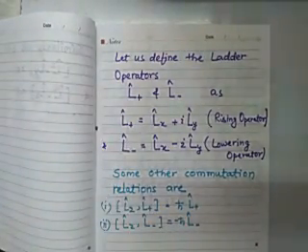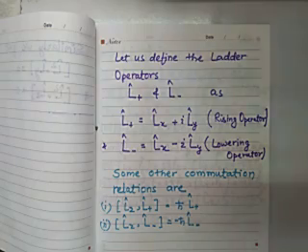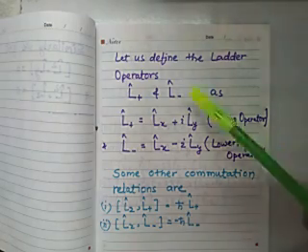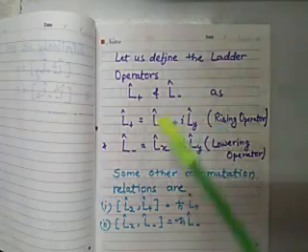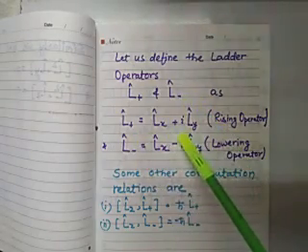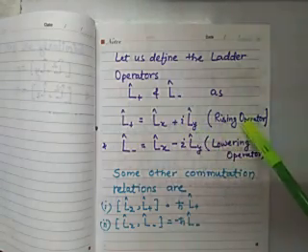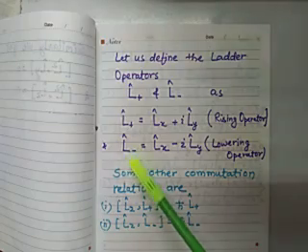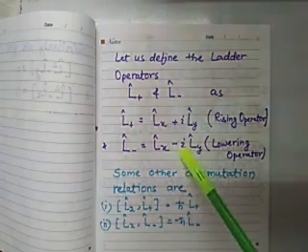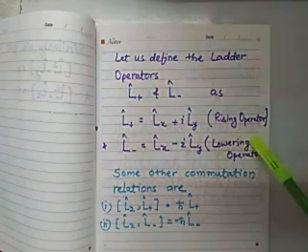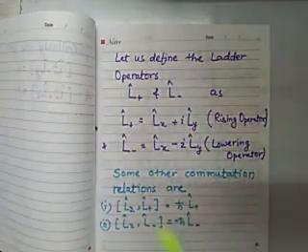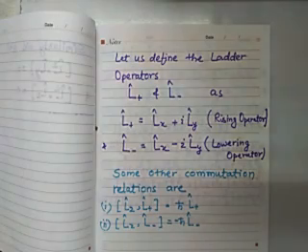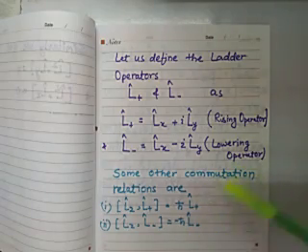Now, let us define two different operators known as ladder operators. There are two ladder operators, L plus and L minus. L plus is defined as Lx plus iLy, this is called the rising operator, and L minus is equal to Lx minus iLy, that is called the lowering operator. Now, considering these relations, some other commutation relations can be established, and these are written in brief here.